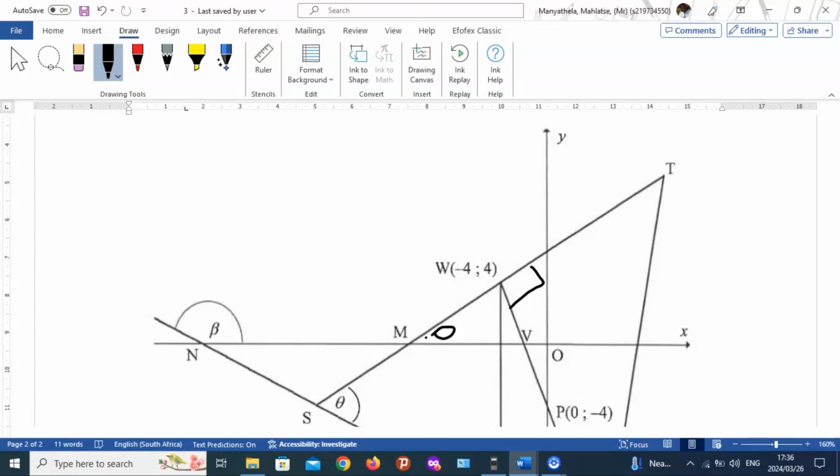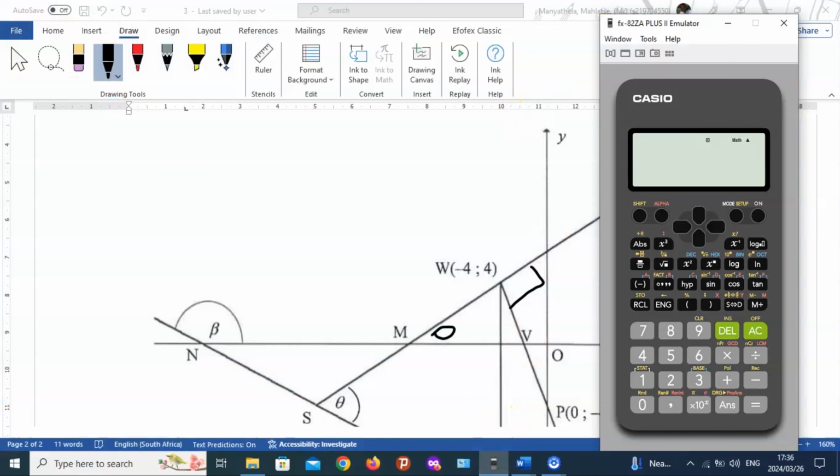Then we say arctan of the gradient, which is 1 over 2, which is 26.565051118.